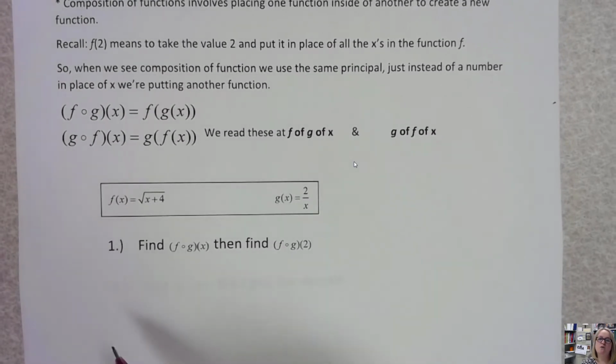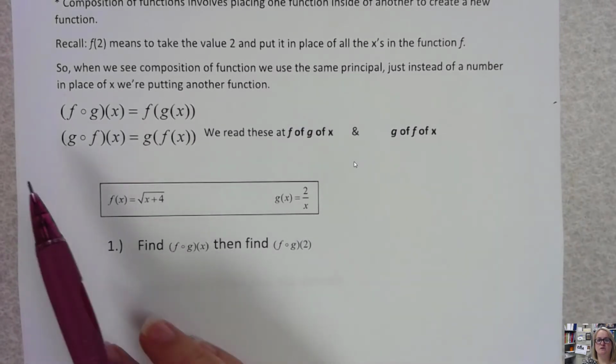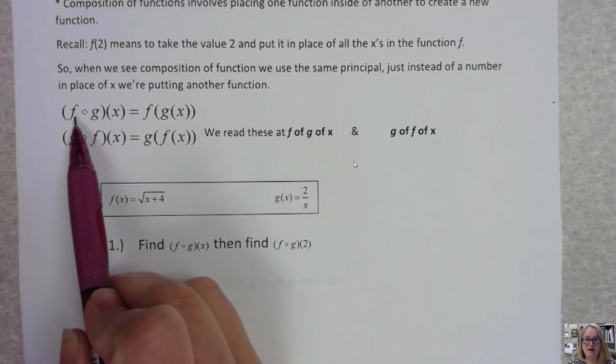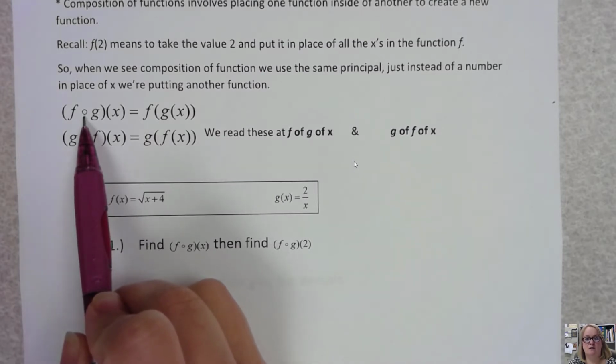To know when they want you to do a composition of functions, it's going to look one of two ways. It may say f, and that little circle is not a 0 or a degree symbol. It means f composition g.